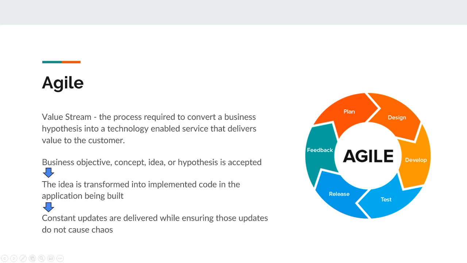And once the input is accepted, it is then transferred to the engineers who would take this idea and transform it into implemented code in an application being built. Once that application is built, it is immediately delivered to the customers to play around with and test it out for themselves.